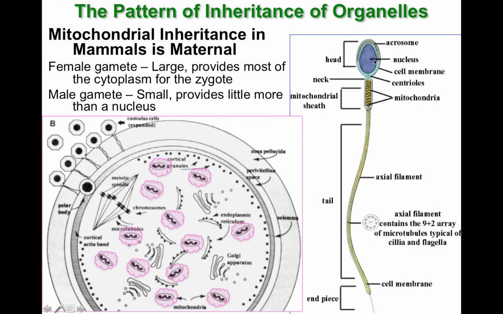The nucleus is up here, and the tail, and it has a very large specialized mitochondria that surrounds the tail near the head region in what's called the neck of the sperm. This mitochondria, however, does not enter the egg. During fertilization, the only thing that enters the egg from the sperm cell is the nucleus and a pair of centrioles.